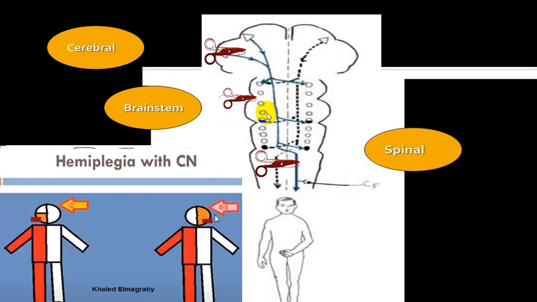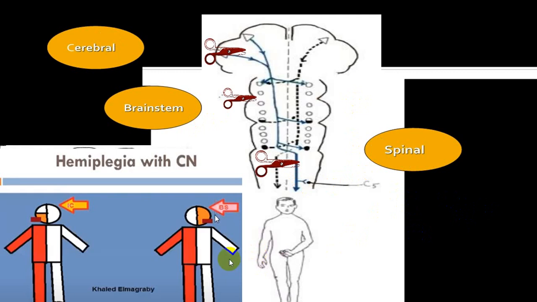In brainstem, same side lower motor neuron with opposite side upper motor neuron findings. We call this a cross hemiplegia. This will be contralateral hemiplegia. While in spinal, it will be ipsilateral and there will be no cranial nerve involvement. So that will be very, very peculiar.